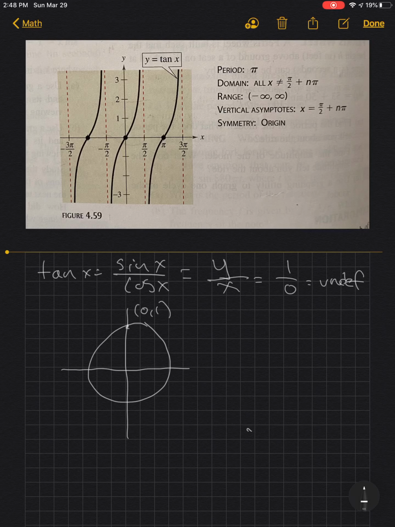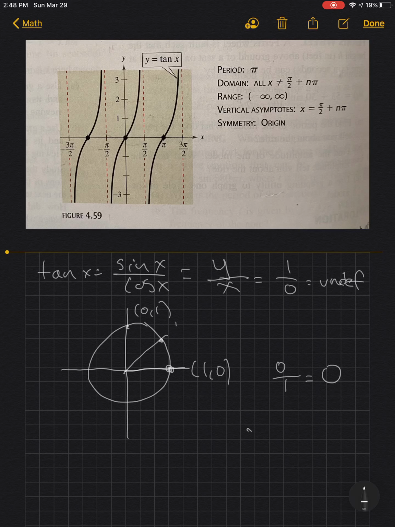Well, right here at 0, we have y over x, and that's 0. Okay, so that's definitely a number we want to use, 0. Where else is tangent easy? Well, definitely right here.